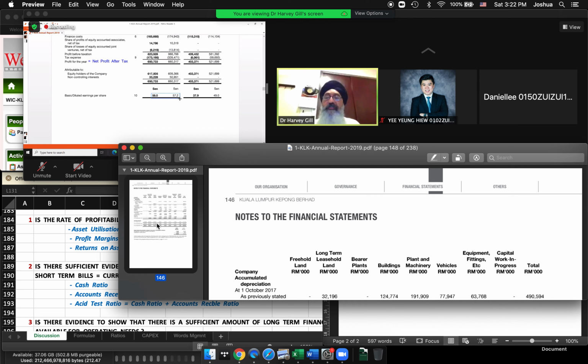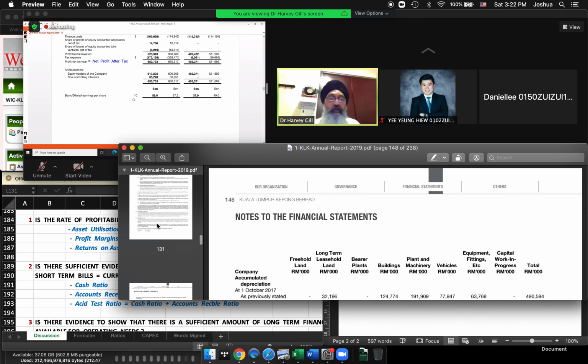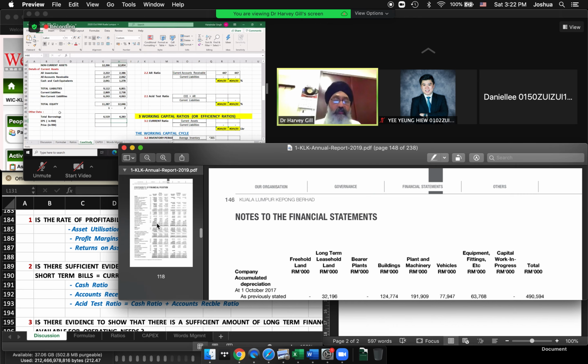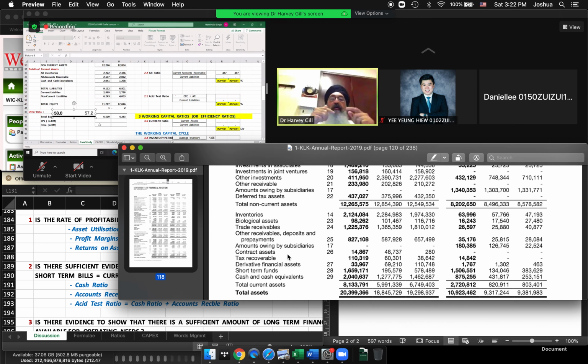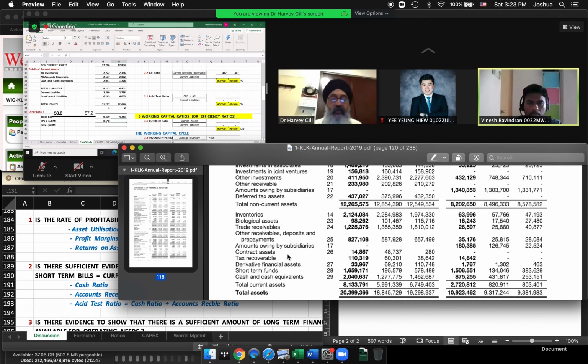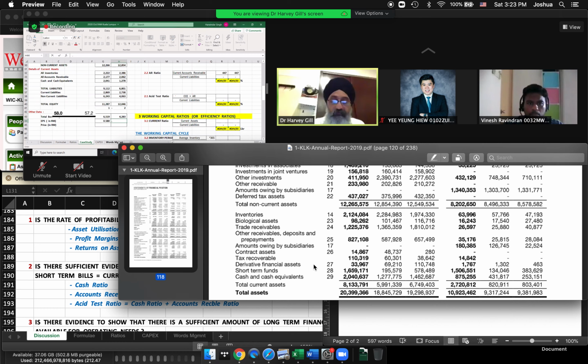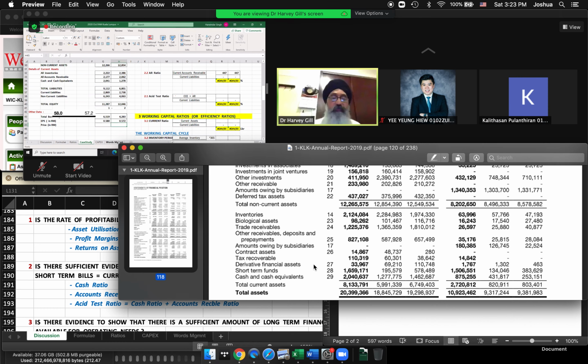I suggest to you, for most of the time, it will be easier for you to convert this to ringgit. You know why? Because your share price is in ringgit. So you can compare RM to RM. So here I would say this is 0.58 and the previous year is 0.572. I've already adjusted the cells to accommodate this.